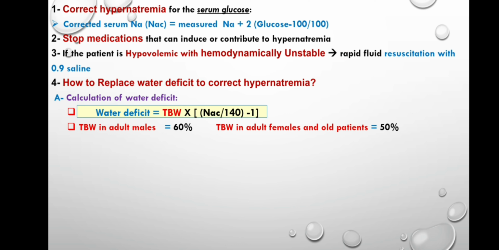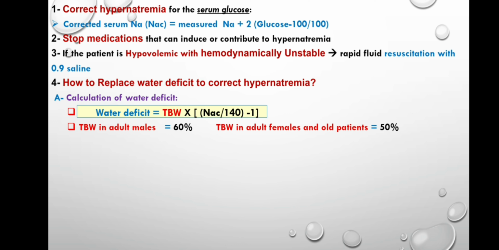For an average patient, if the patient is a 35-year-old adult male and his weight is 70 kilograms, the total body water will be about 40 liters, since in an adult male it's about 60%.